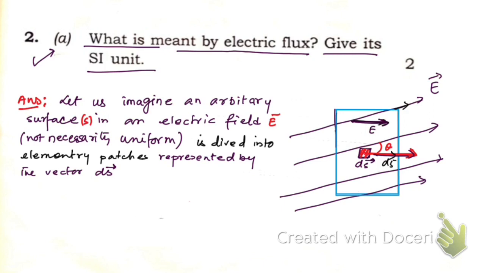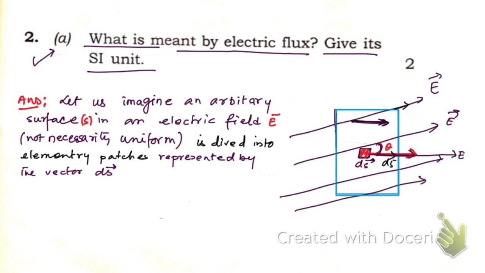Here this is the electric field E, and this angle is theta, so this component will be E cos theta, right?